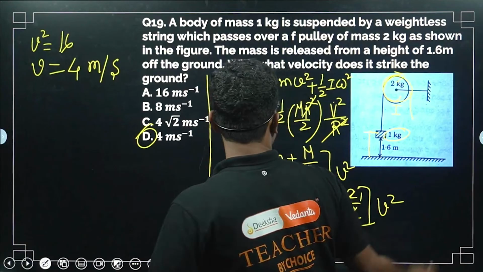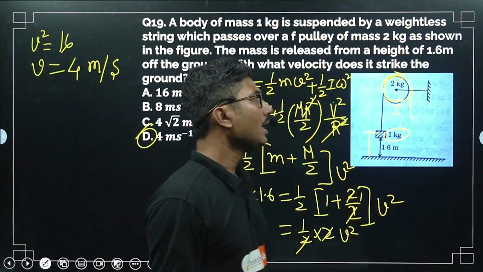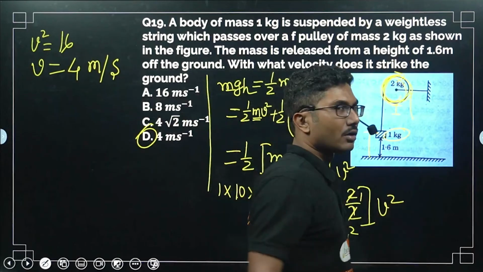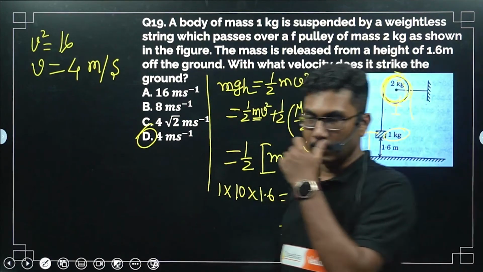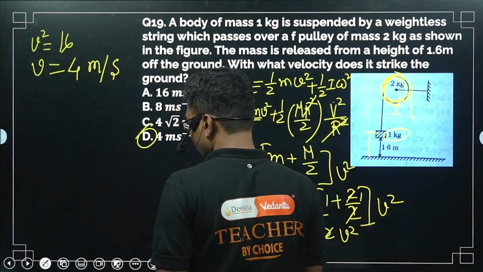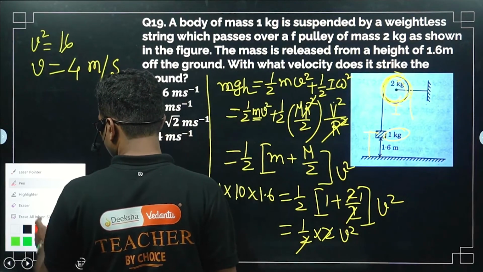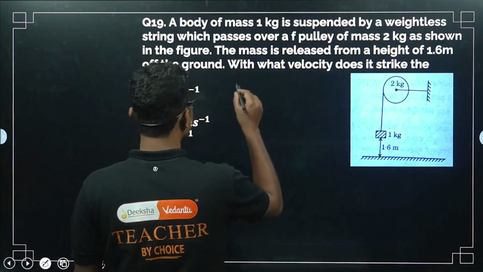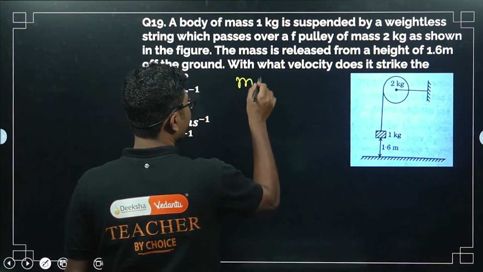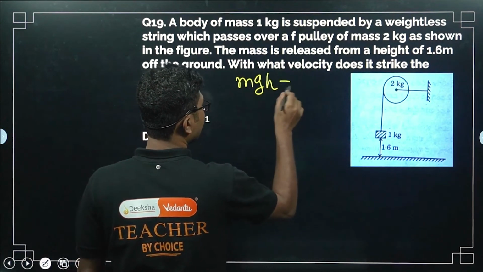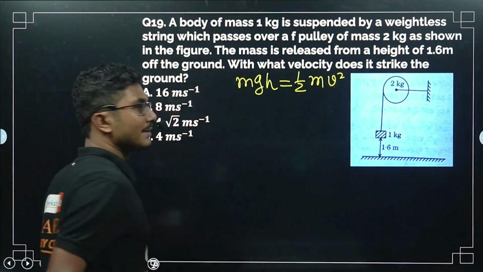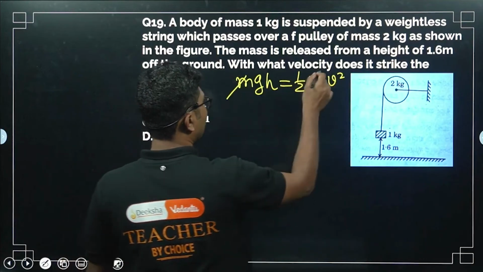Now enough information is not given on this diagram about whether this pulley will rotate or not. That is the controversy. If this pulley does not rotate, then the problem is very easy. Only thing you have to do is mgh equals half m v square. Simple as that. This m will cancel.